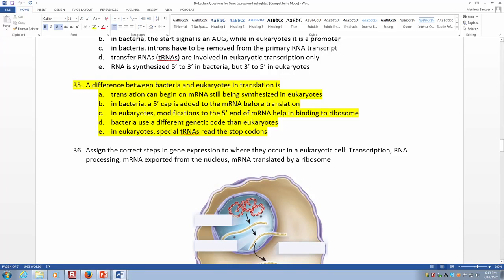And then E, there is no tRNA that reads the stop codon. So does anyone remember what binds to the A site of the ribosome when a stop codon comes in? So it's not a tRNA molecule, it's a protein with a specific name. And it's for bacteria and eukaryotes.